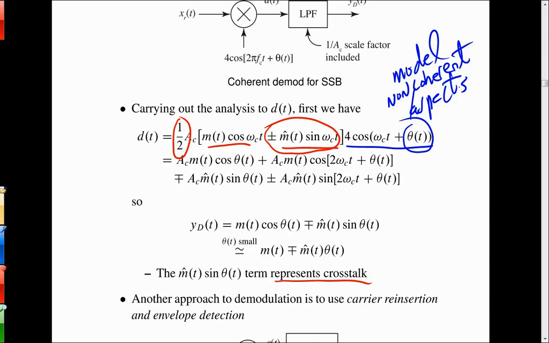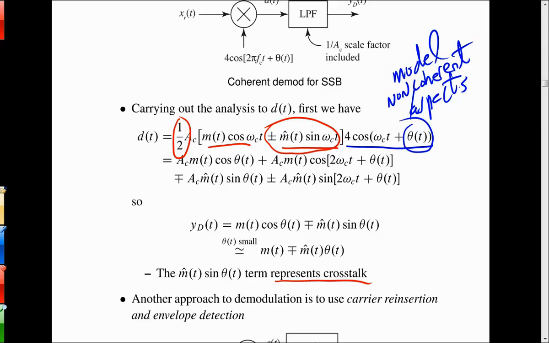Let's just throw in that factor that I can either set to 0 or let be present. So I'll build up a model right away to handle the non-coherent aspects if I want to. I mean, why not? We've seen it before. Just throw it in there, and then I can either ignore it by setting it to 0 or see what it does, and I'll have that handled right away.